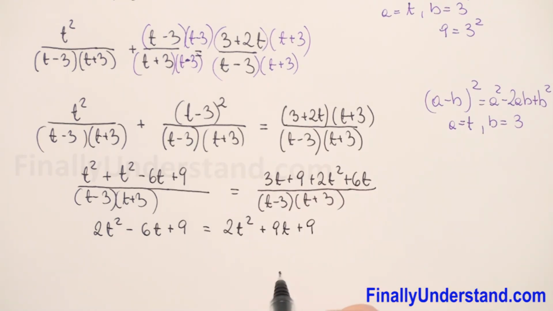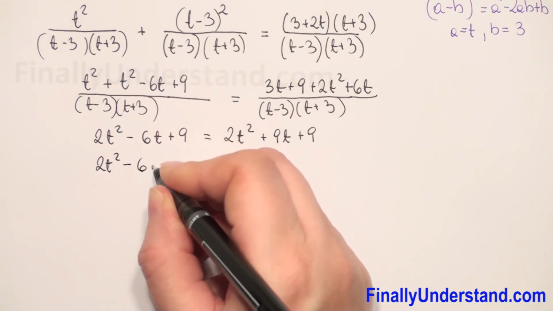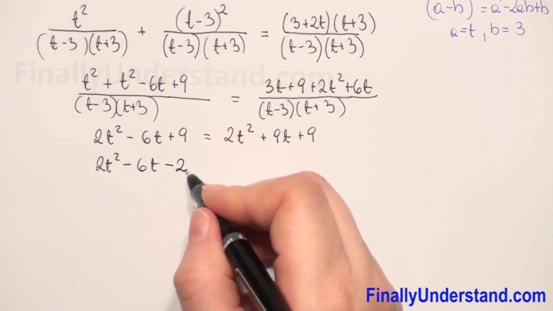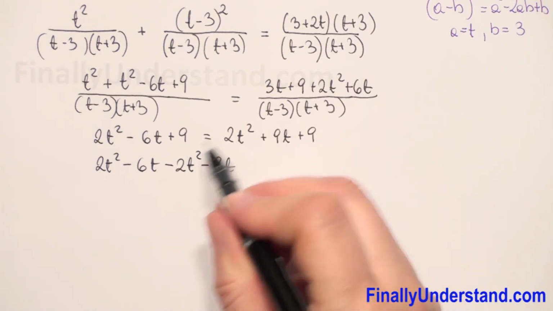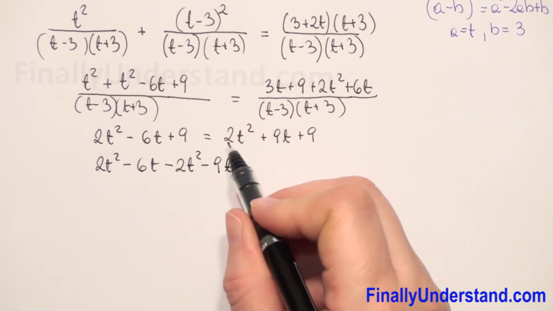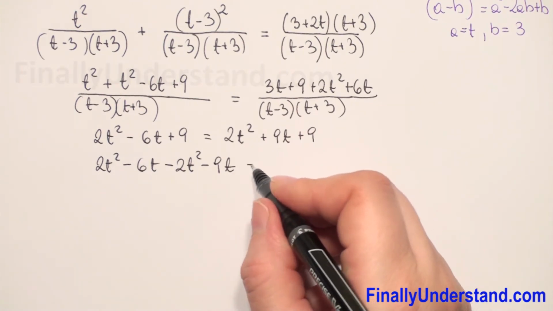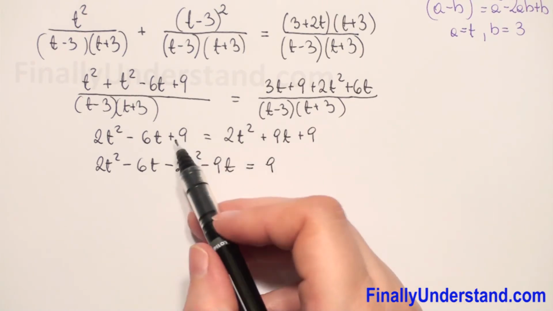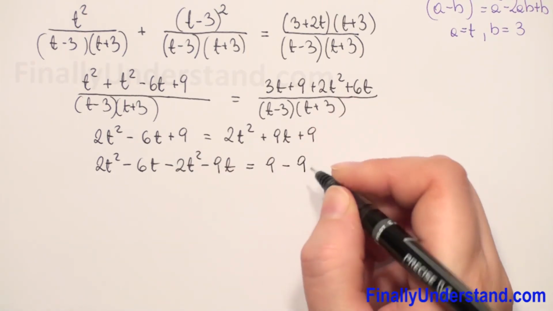Now we will move the expressions with t to the left side. So we have 2t squared minus 6t, and minus 2t squared and minus 9t. Because I moved them to the left side, I have to change the sign. We had positive, so now it is negative. We have 9 and 9; when I move to the right side it will be negative 9.